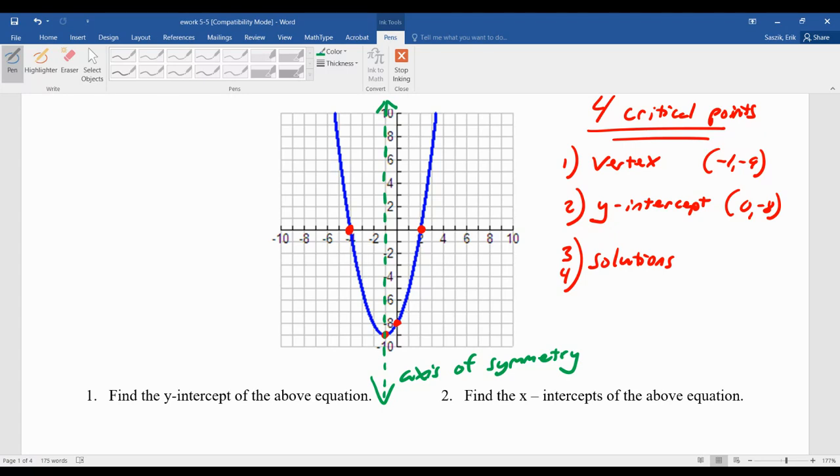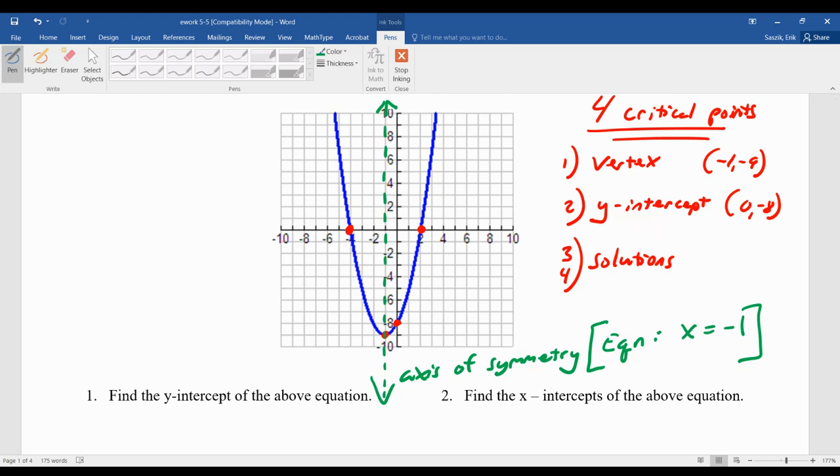Now, the axis of symmetry, when we talk about it, it's always going to be a vertical line. All vertical lines have an equation that begins with x equals. So in this particular problem, what is the x value of the vertex? Well, the x value of the vertex is -1, so the equation of that axis of symmetry is just x equals -1.